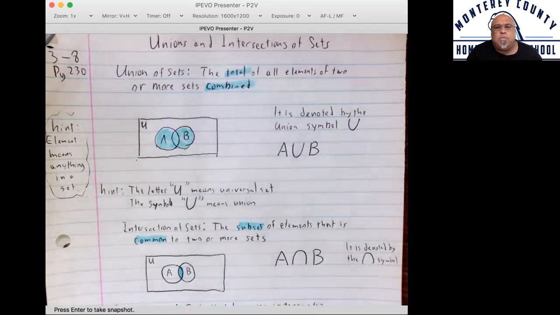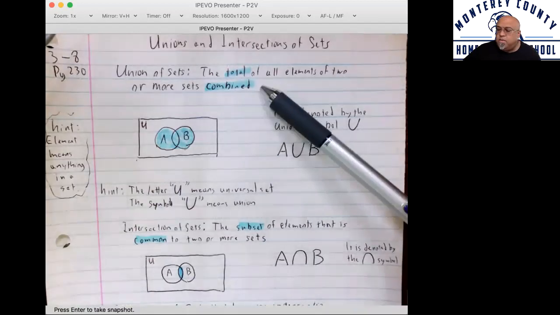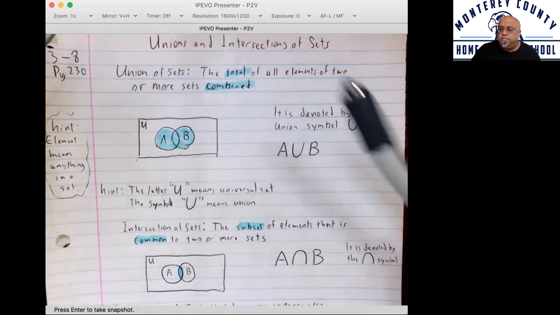What would be common about them is that those are all things that people carry around with them throughout the day to have the stuff that they need to survive. You need money or a card to purchase things. So continuing on, the union of sets is the total of all elements of two or more sets combined.